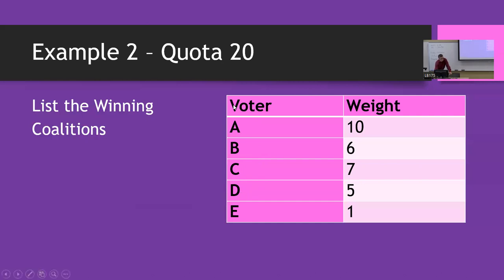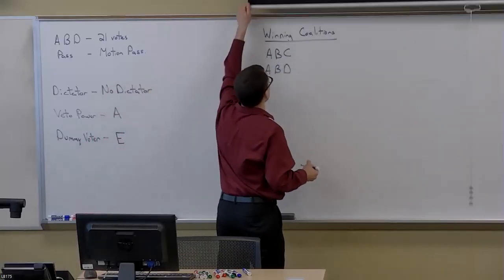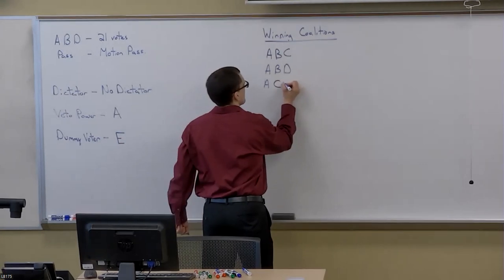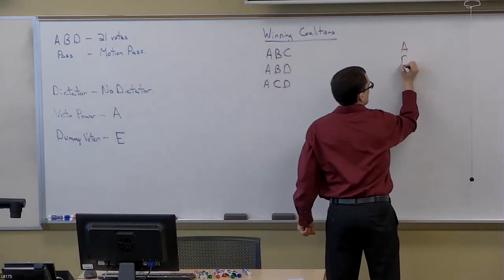ACD. ACE only gets me up to 18. That does not work. So ACD works. I don't know if you see what I'm doing. I'm taking all of my triples.